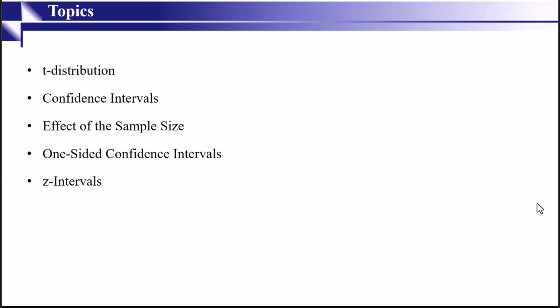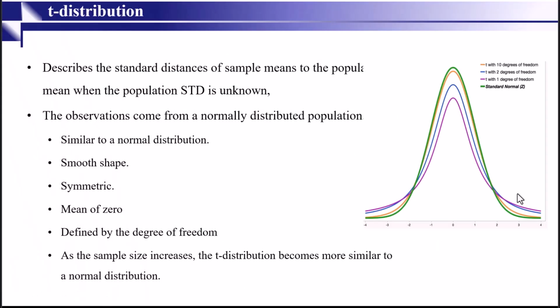Then we will study how to construct confidence intervals for population means. Next, we will see the impact of sample size on accuracy and precision of these intervals. Later, we will study one-sided confidence intervals, which are useful in specific testing scenarios. And finally, we will see how to use z-intervals when the population standard deviation is known. So let's get started.